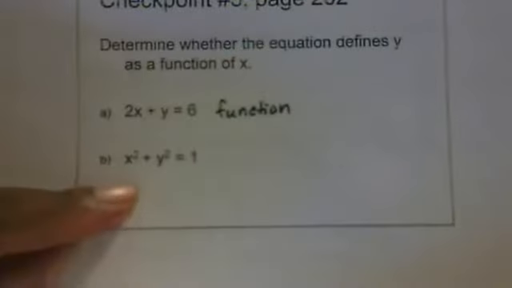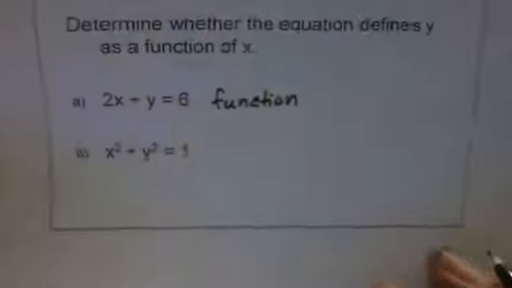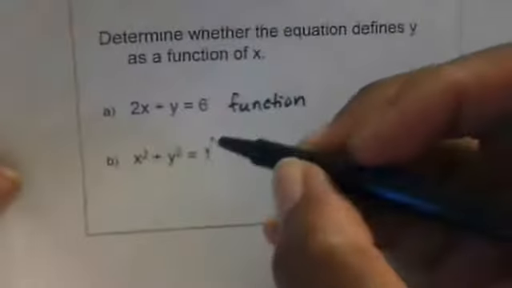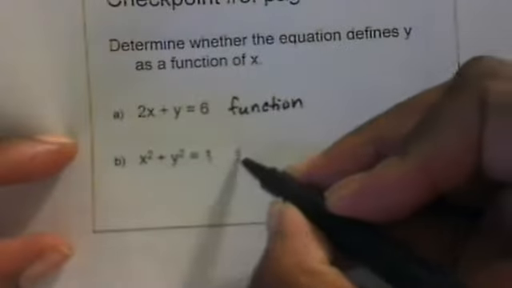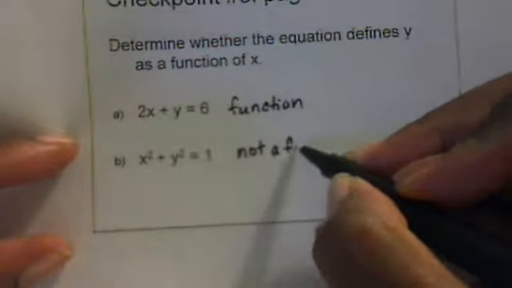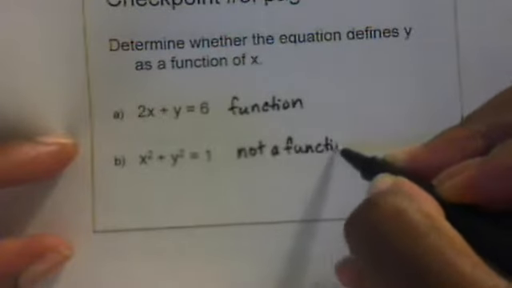However, for x squared plus y squared is equal to 1, that would not be a function. And here's why. If you look at that exponent for y, it's a 2. That's an even number. So in this case, that particular equation is not a function. Okay.